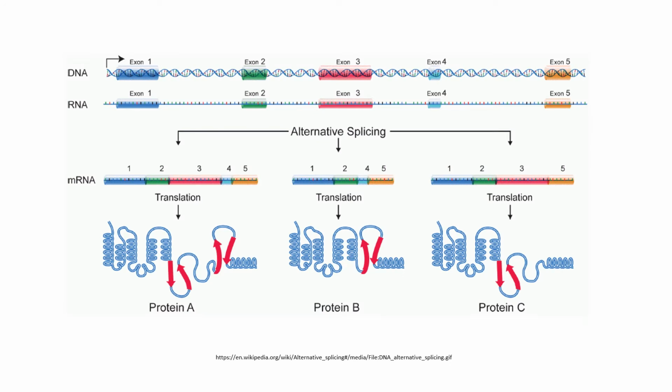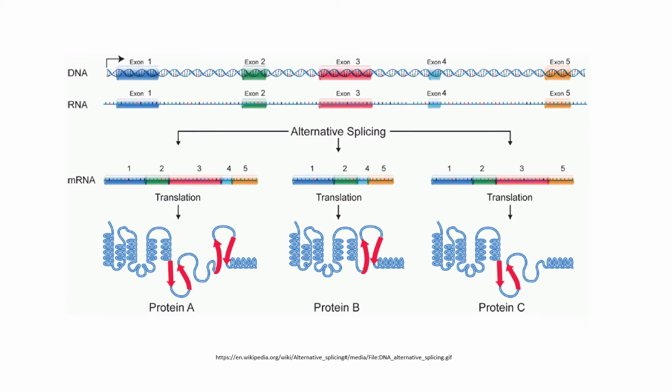Now, another type of non-coding RNA that I want to talk to you about brings up a truly fascinating topic. And this RNA is the RNA which is found in introns. And remember, we had very briefly mentioned that DNA has regions which are expressed, and so they are called expressed regions.